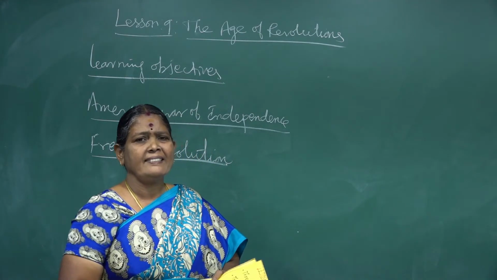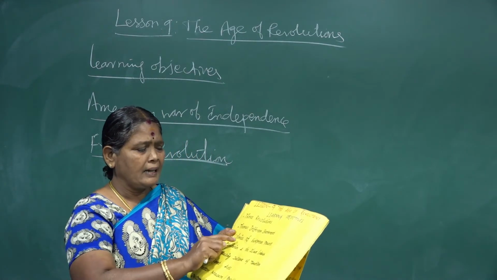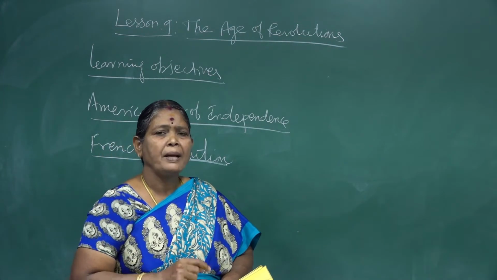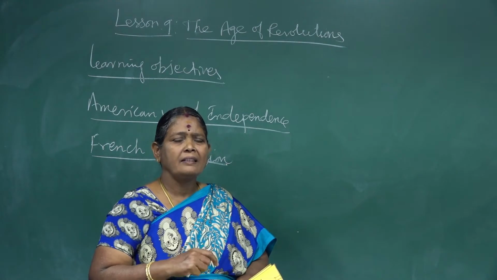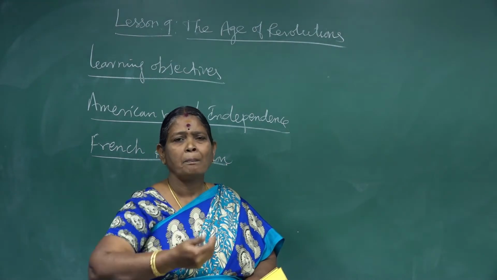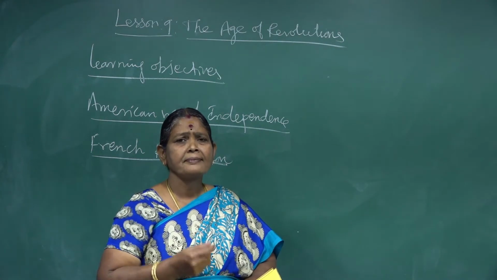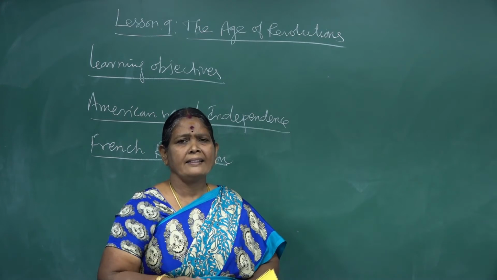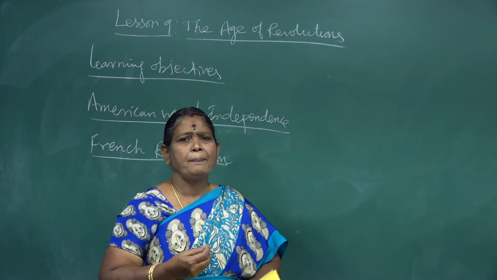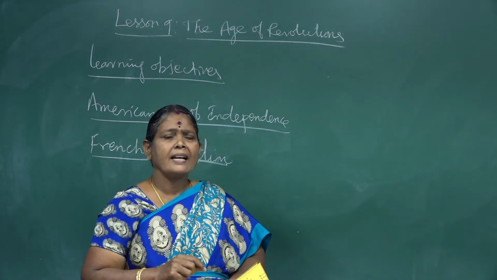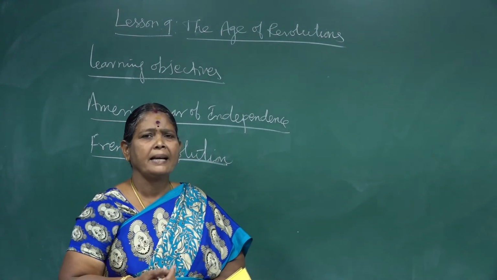Then next we see the colonies of European powers. How many European powers started to establish colonies in the northern part of America? In the very beginning, the Portuguese and Spanish established colonies, whereas the English lagged behind.